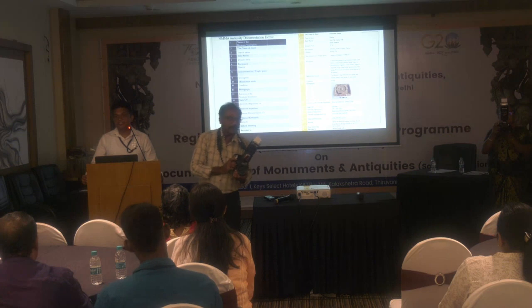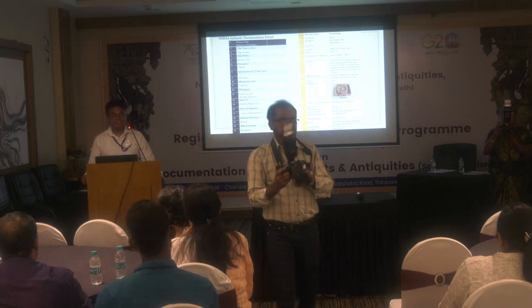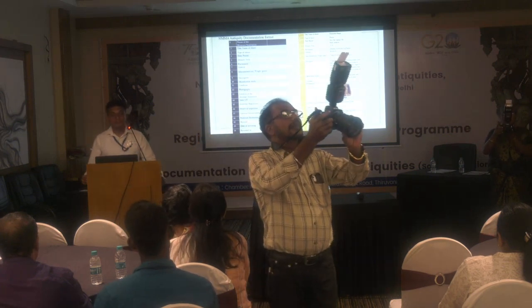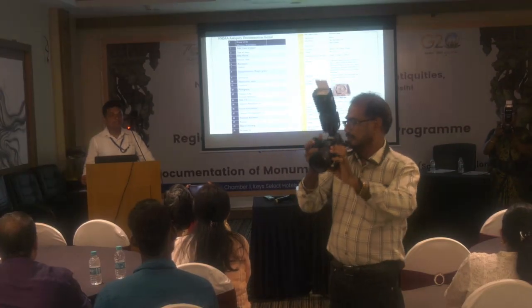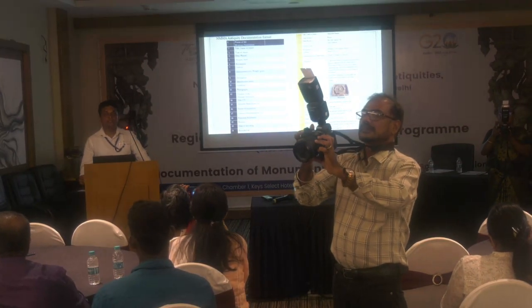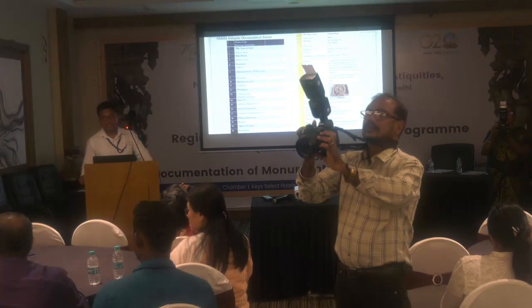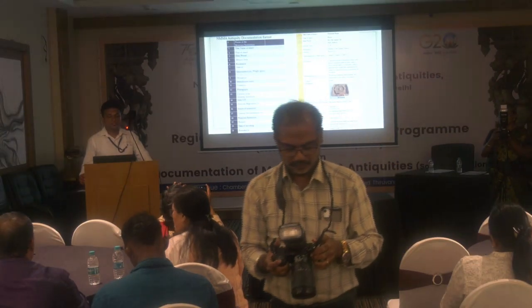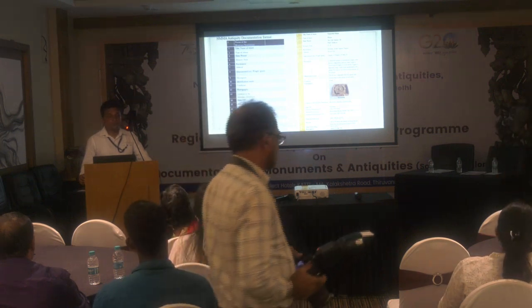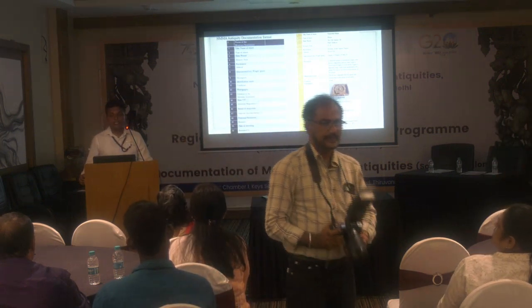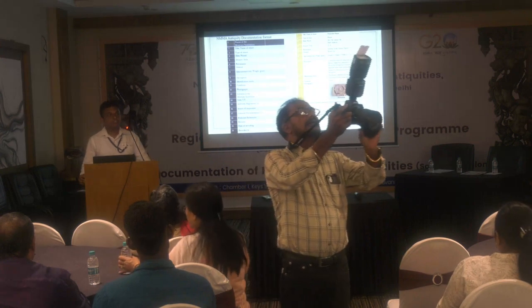Fifth, dynasty and style. Sixth, provenance. Seventh, material. Eighth, measurement. Ninth, description. Tenth, identification marks. 11th, condition. 12th, photographs. 13th, location at the museum or institution.